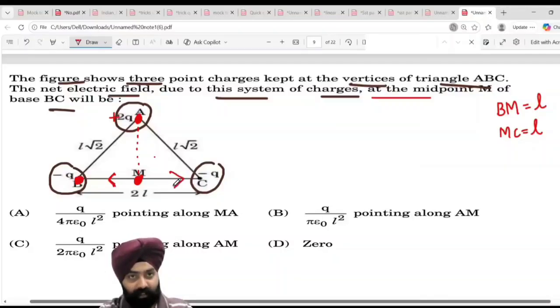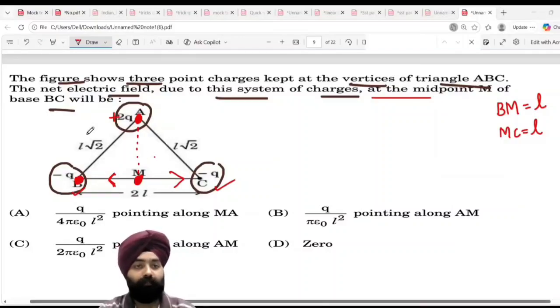So here it will be towards the C point and towards the B point due to the negative charges, right? Yes or no? Yes. Are you able to get it? Done.